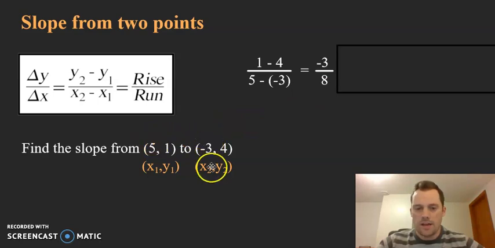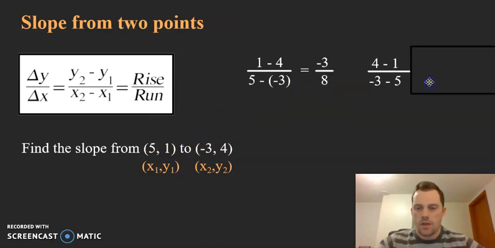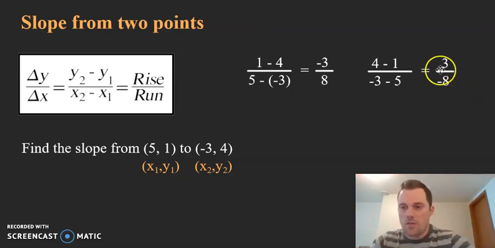Now let's look at it the way I initially labeled it here. So if we had 4 minus 1 and negative 3 minus 5, we think that could be a different answer, but then we get a positive 3 over negative 8. And we don't really want to write the negative in the denominator. We want to write it up in the numerator or out front.